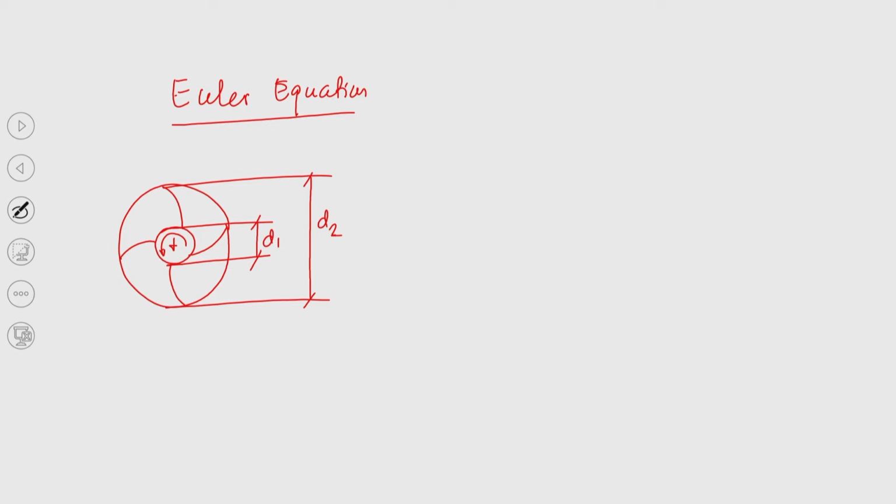So, say we are giving name 1, that is number 1 will be indicating inlet quantities, and number 2 will be used in indicating the quantities at the outlet of the pump.